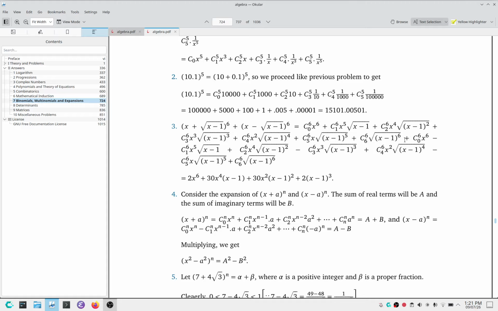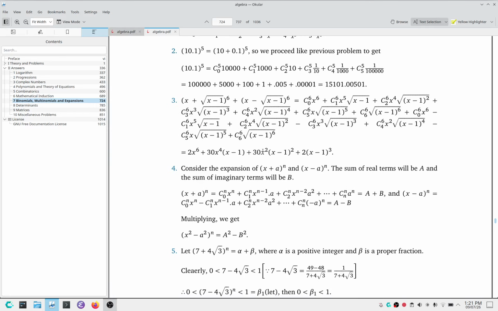And when we expand, alternate terms will have a negative sign for the second one. So the alternate terms will cancel, this term will cancel, this term will cancel, and this term will cancel. So what we are left with is 2x^6 + 30x^4 (x - 1) + 30x^2 (x - 1)^2 + 2(x - 1)^3.